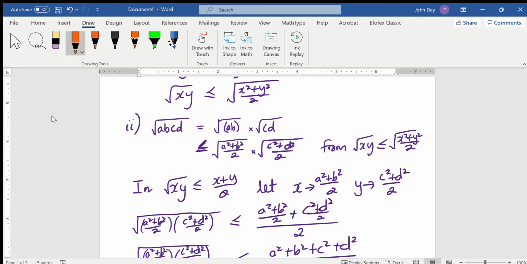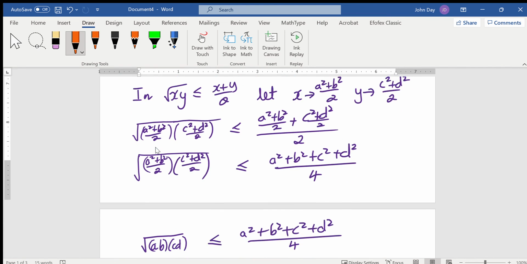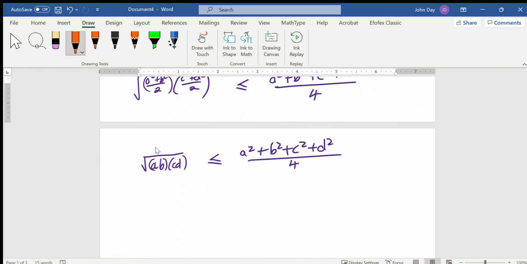I'll call it equation 1. So root ABCD is less than or equal to root a squared plus b squared on 2 times root c squared plus d squared on 2, right? That equation there, I might call that equation 1, so that when I go up to here, I can say from equation 1.